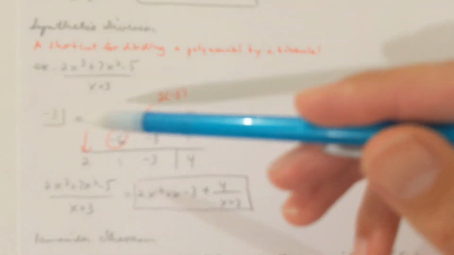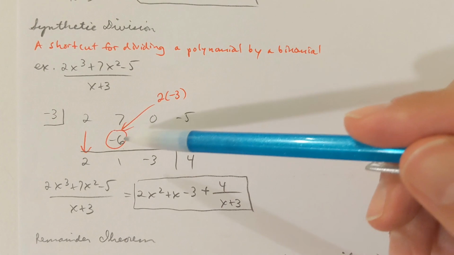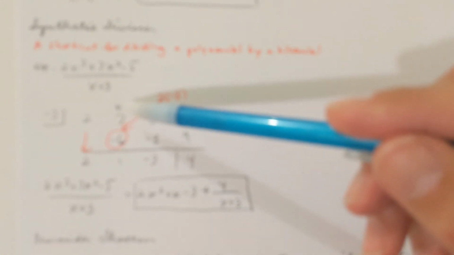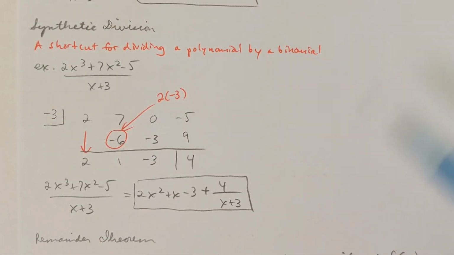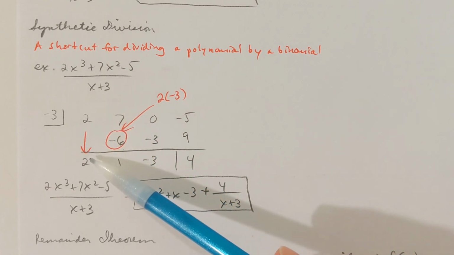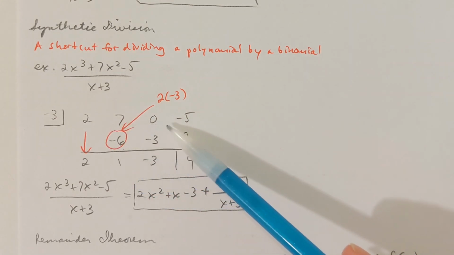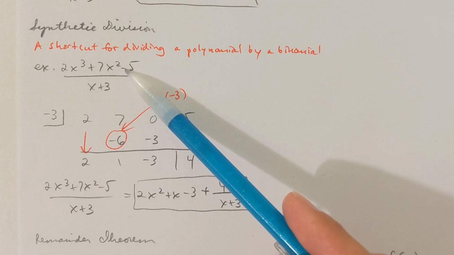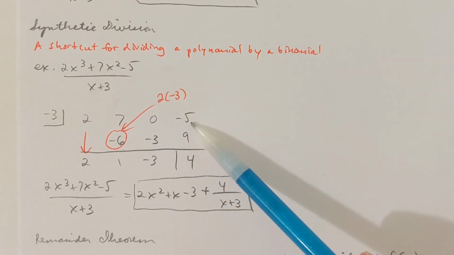So the first thing I want to do is put what's called the zero of the denominator. -3 would be the zero of the denominator because that creates 0 in the denominator. Put that on the side, and 2 comes down, and the numbers that I want on the top row would be 2, 7, 0, because I don't have any x's, and then -5 at the end.